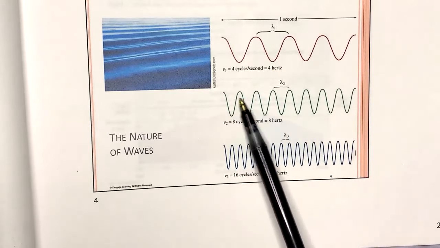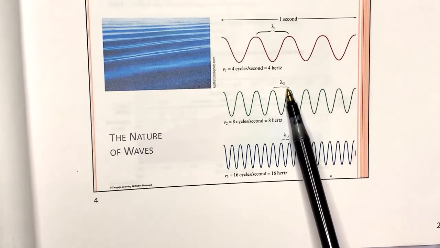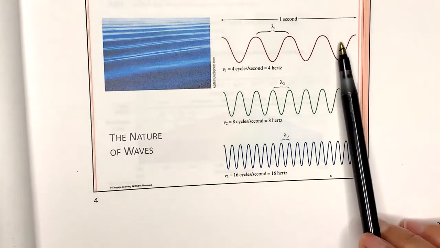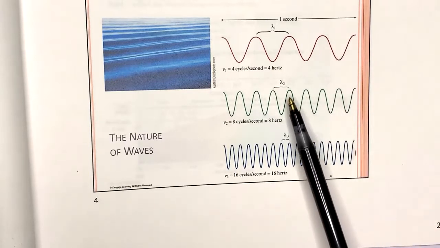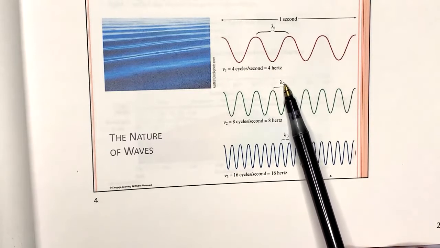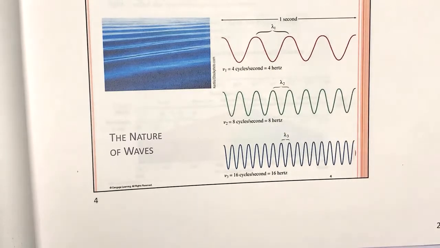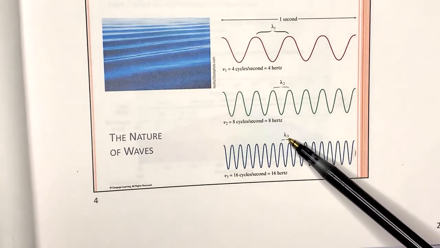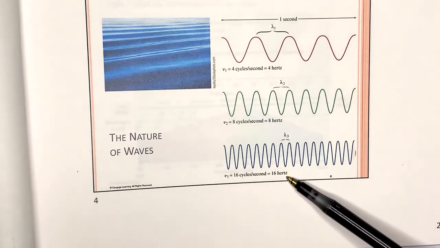And in this one here, the wavelength is shorter, so it passes a lot more times than up here, where the wavelength is bigger. So when you see the wavelength get smaller, the frequency gets higher. So frequency and wavelength are going to be in opposite patterns here, okay? The smaller your wavelength, the shorter your wavelength, the higher the frequency will be.